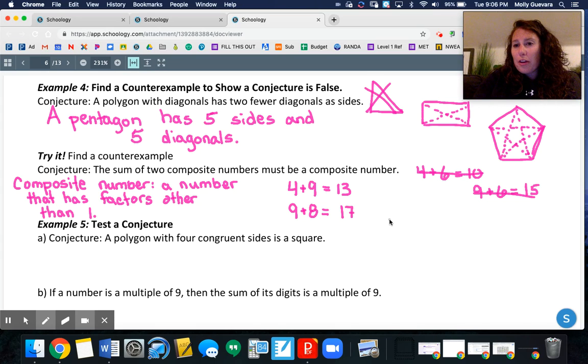There are other options out there, so you definitely could have found other counterexamples, but this is just two options, okay? If you had another counterexample that you think works, as long as these two numbers are composite and this number is prime, it will be a counterexample.